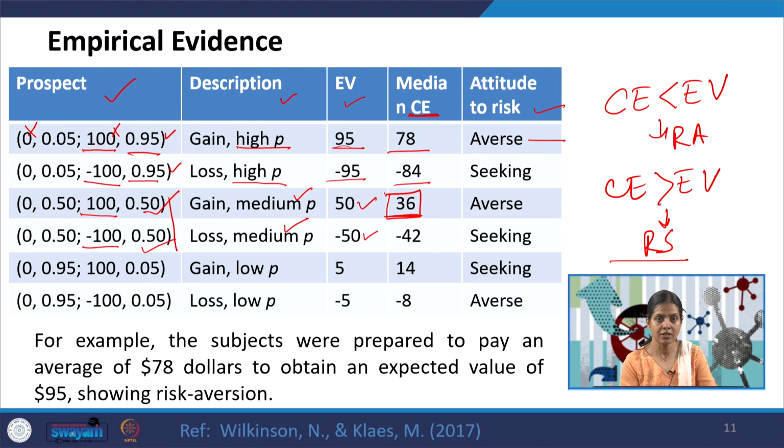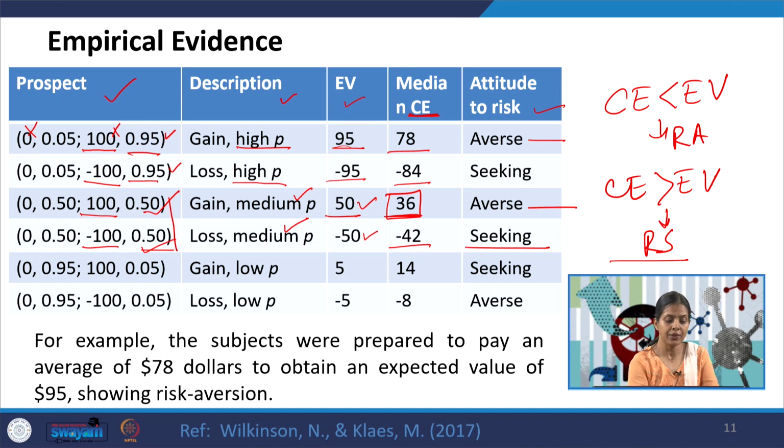Since the certain gain that you are asking in lieu of this risky prospect is lower than the expected value of the risky prospect, we call them risk averse. So, again these individuals are risk averse, and when it comes to losses, their attitudes are again risk seeking because certainty equivalent is greater than the expected value of loss.